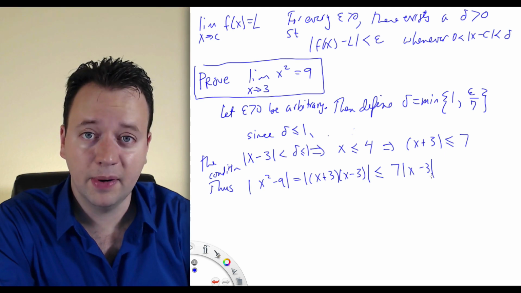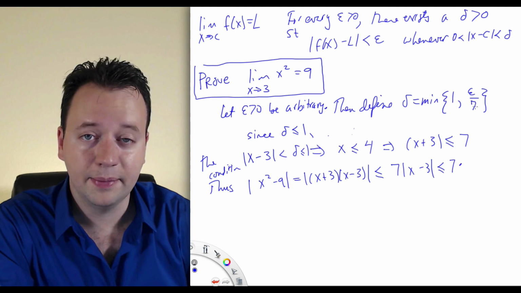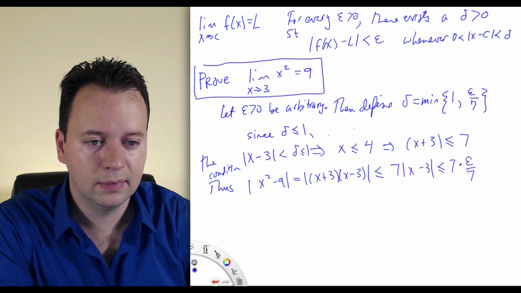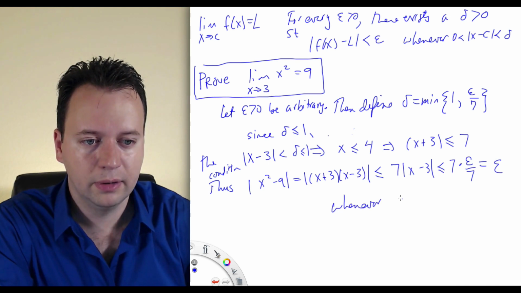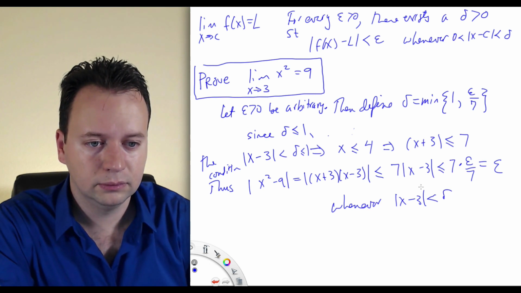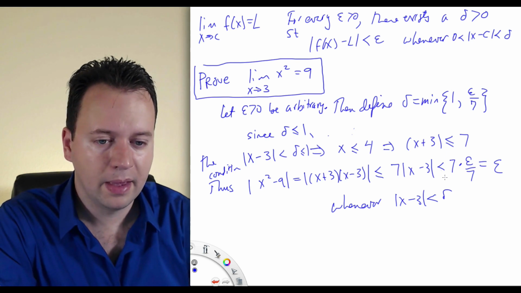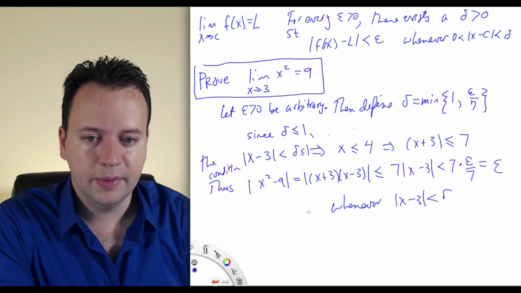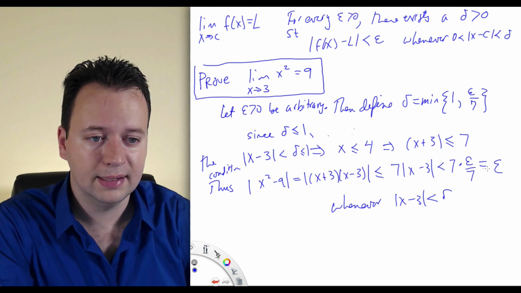But then since x minus 3 is less than delta, delta is also less than or equal to epsilon over 7. And this is true whenever x minus 3 is less than delta. So actually, this is going to be less than. Right, so basically whenever x minus 3 is less than delta, x squared minus 9 will be less than epsilon.